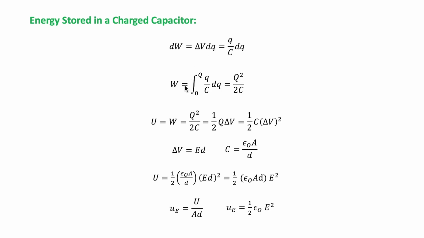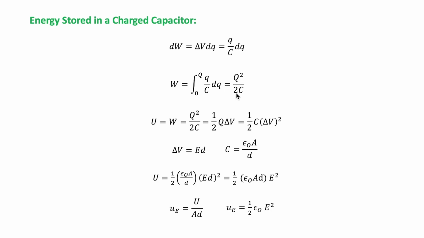Okay, and so we integrate W from charge 0 to the final charge Q of the capacitor, and this gives the work done to separate the charges and place them on the different conductors: Q squared over 2C.